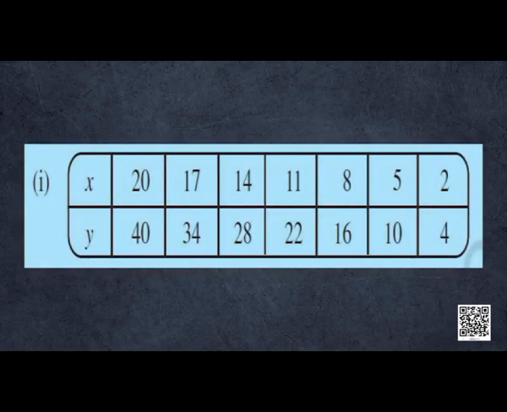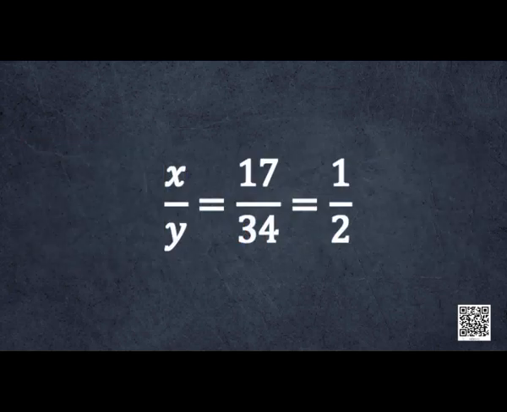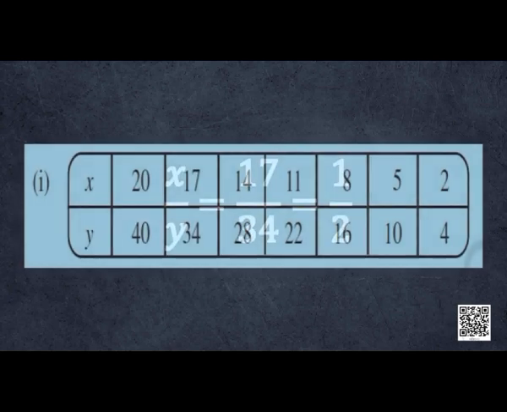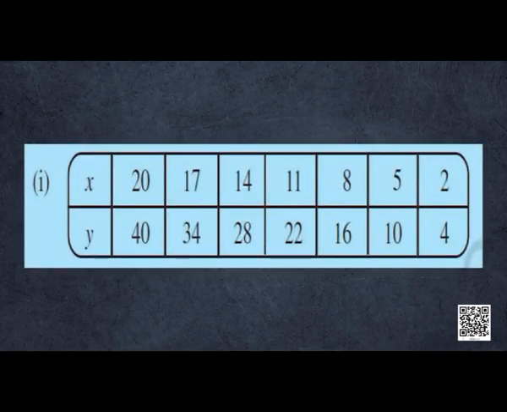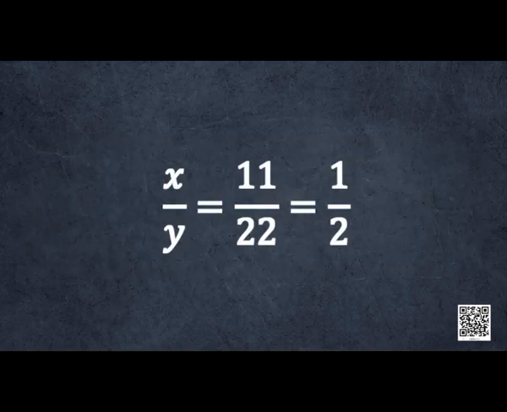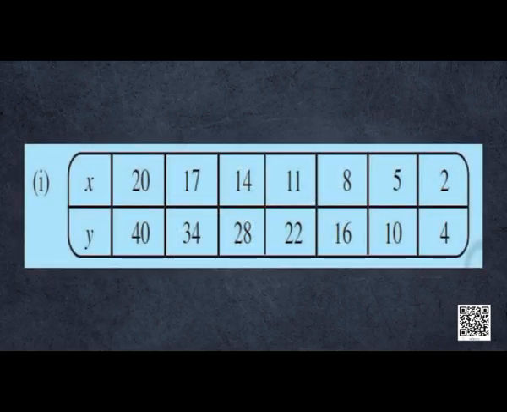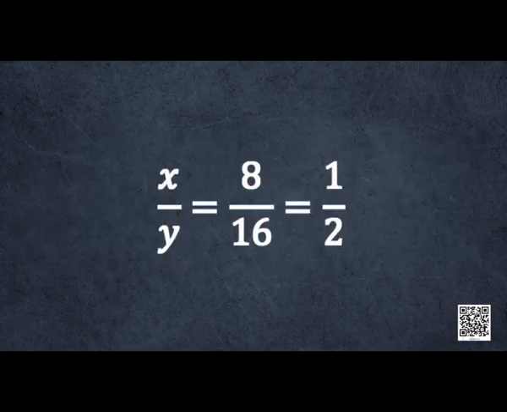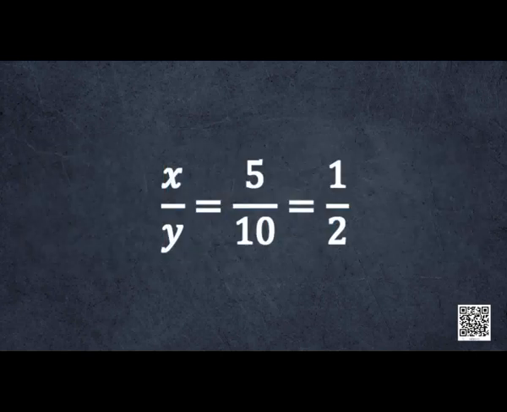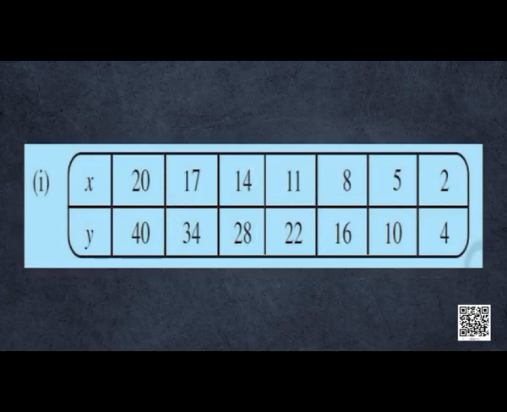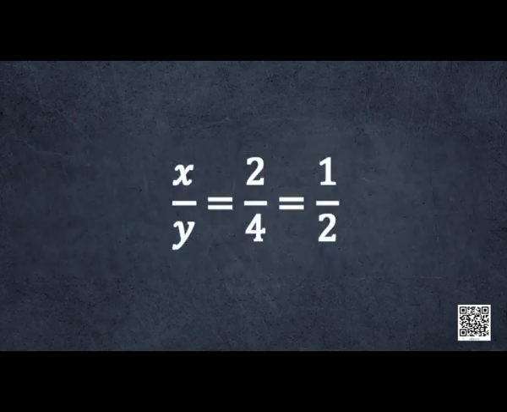Next, 17 by 34, which is again equal to 1 by 2. 14 by 28, yes, which is equal to 1 by 2. 11 by 22 is equal to 1 by 2. 8 by 16 is equal to 1 by 2. 5 by 10 is equal to 1 by 2. And finally, 2 by 4 is also equal to 1 by 2.